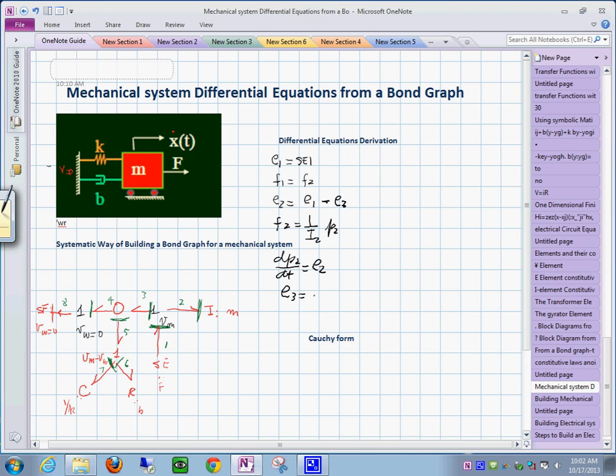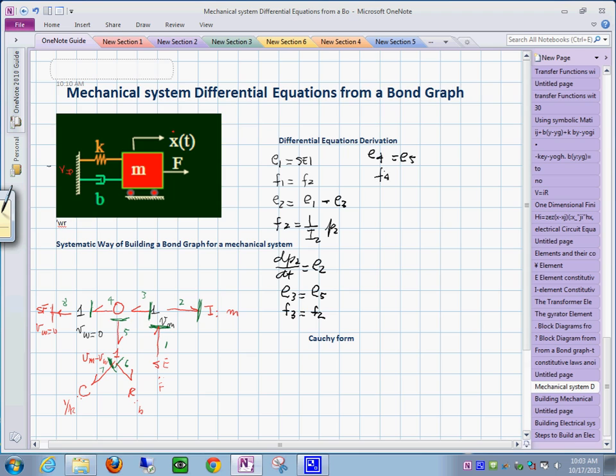Then I continue. I say E sub 3 is equal to what? To E5, right? Because of the causal here. What is F sub 3? F sub 3 is also F sub 2. And then I am going to go over here. See, I'm writing the individual equations. What is E sub 4? E sub 4 is equal to E sub 5.